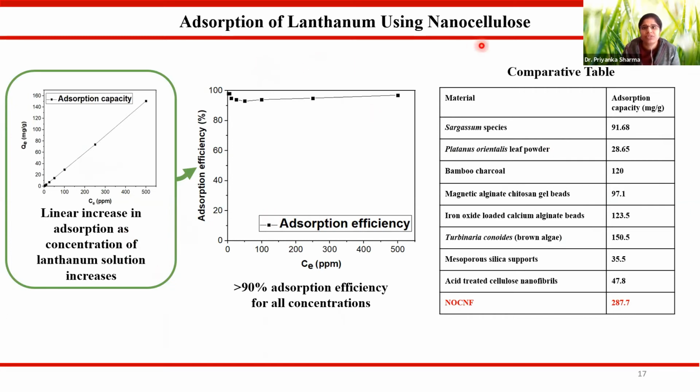So we used the NOCNF in this case also, and we found that the adsorption capacity for our NOCNF was higher than 90%, and it again gave very high adsorption capacity. And as I said, this NOCNF not only involves adsorption, but also the mineralization of the metal, which causes the higher efficiency of removal.